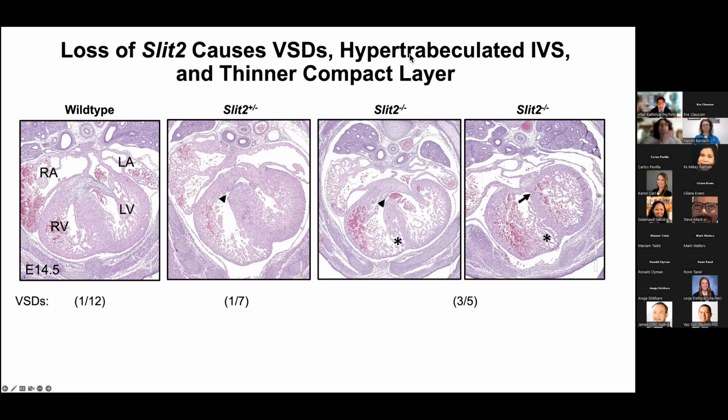As you know, many muscular VSDs close on their own or are not hemodynamically significant, so it's hard for us to figure out what is hemodynamically significant. Basically, particularly in a mouse embryo, what we use is lethality. These mice die early, so we think something is happening, and I think what's happening is heart failure.